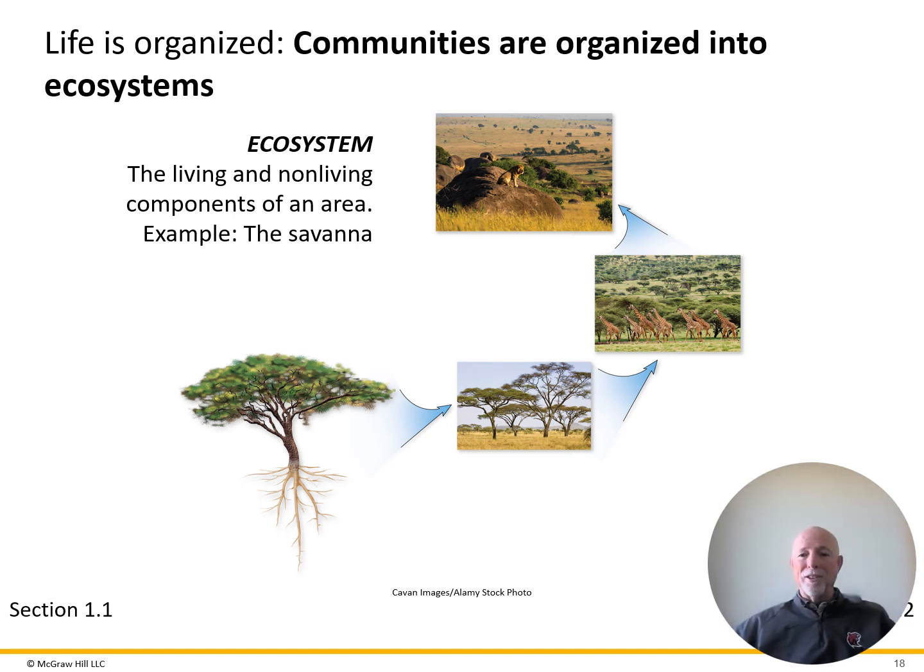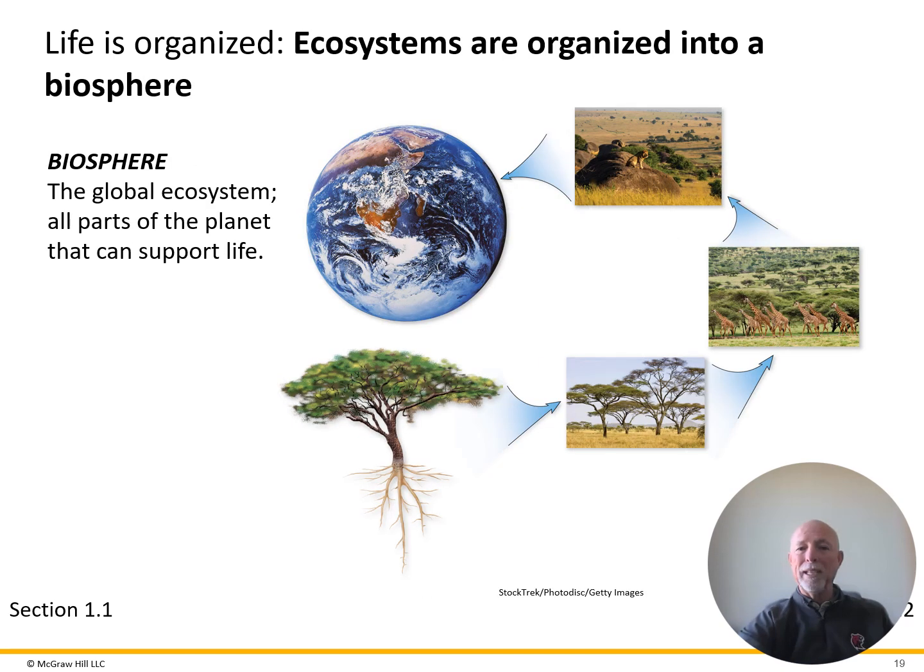Here in the west in Colorado, where I'm at, we have the mountainous ecosystem. So you see what we're doing. We're starting smaller with populations, building the communities, building the ecosystems, and we build even larger to what we call the biosphere, which is the entire layer around the earth where life can exist, where we can support life. And that's what we call the biosphere.